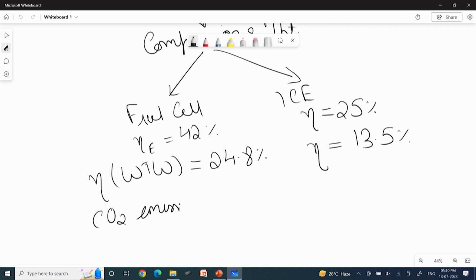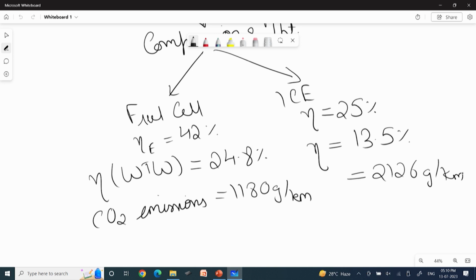If the CO2 emissions are to be considered, this would be roughly 1180 grams per kilometer, and for the IC engine one there could be around 2126 grams per kilometer.